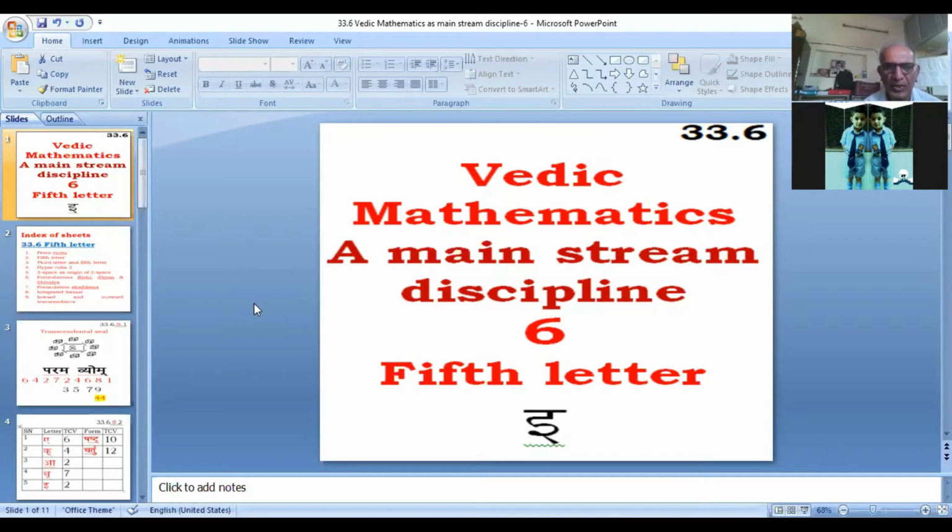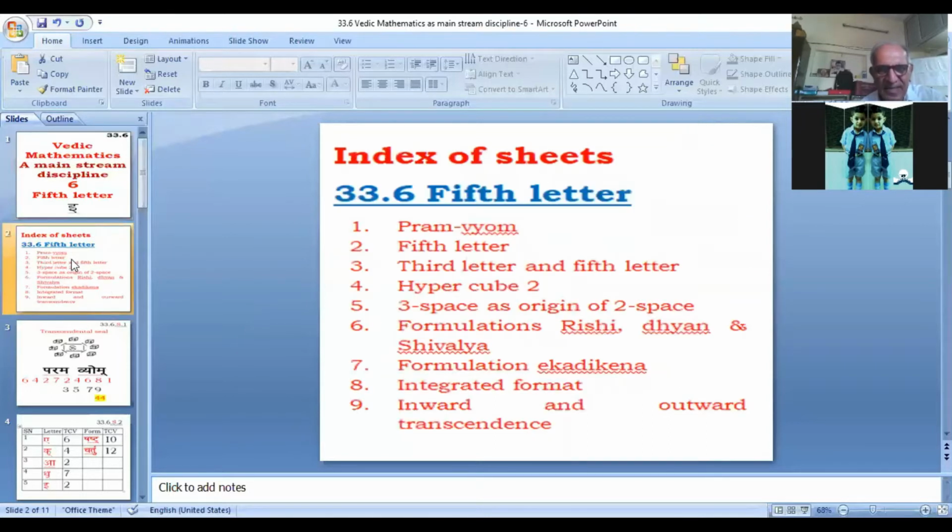Therefore, today, while we are concentrating upon letter 5, we have to glimpse the distinguishing and parallel features of this letter with the third letter, as both these letters have the common TC value 2. Today, we will be chasing this domain in 9 steps.